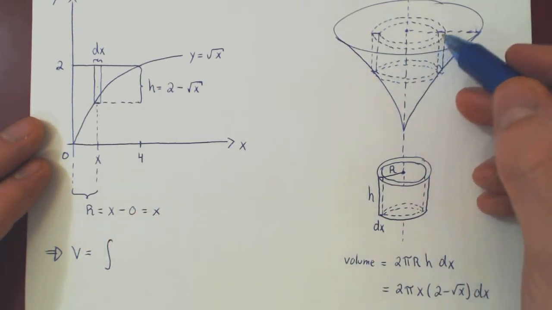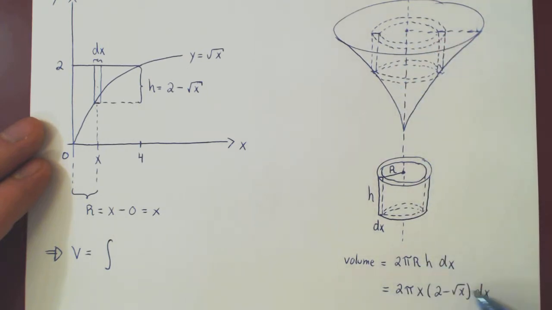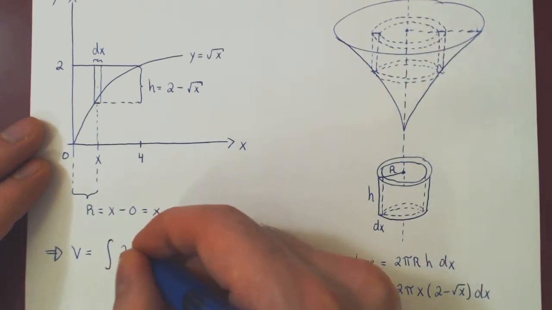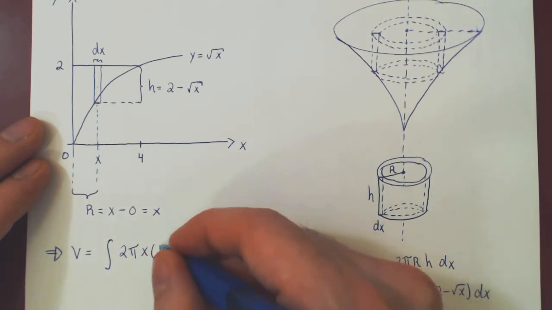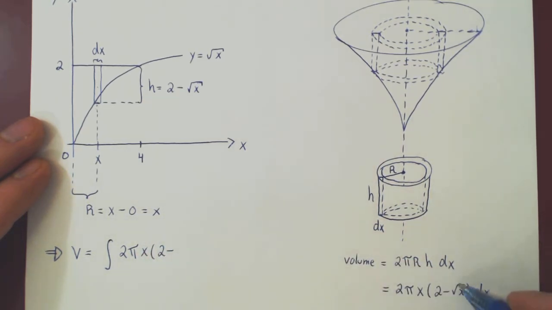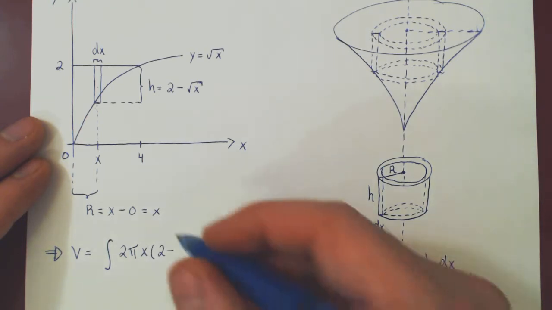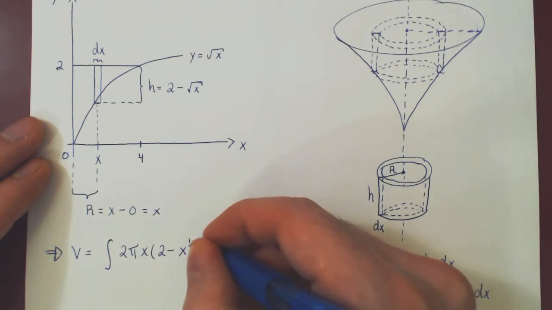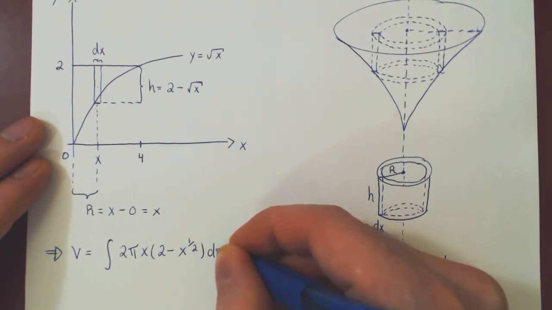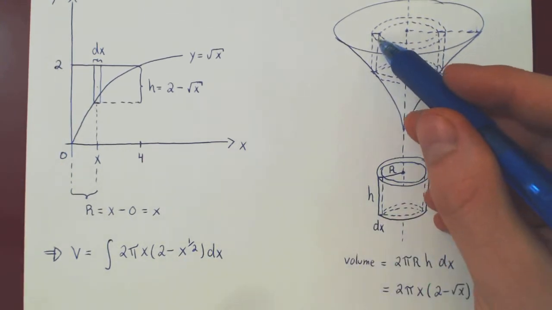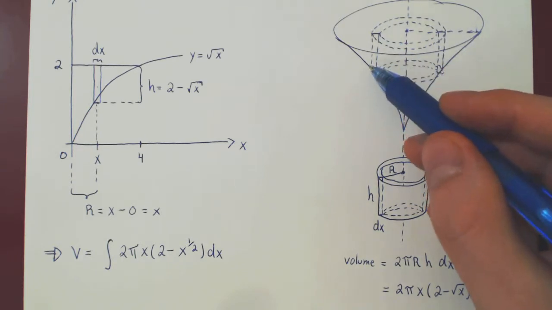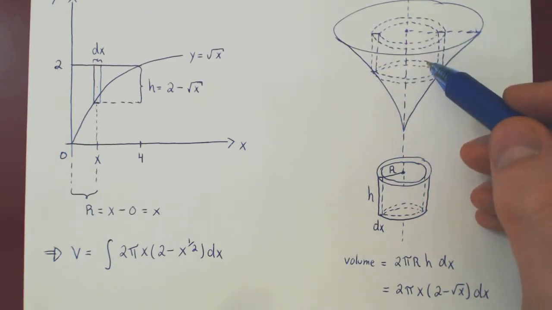Well, what is the volume of this shell? It's right here, so 2 pi x times 2 minus root of x. I will not write root of x, but x to the 1/2, thinking of integrating using the power rule, times dx. Okay, so as I've just said, we have now a little cylindrical shell that lies within the full solid of revolution.